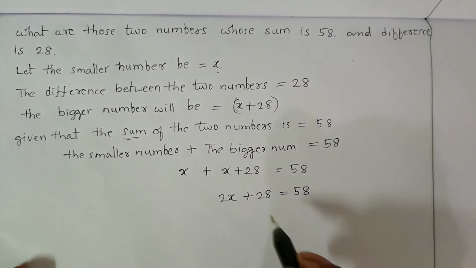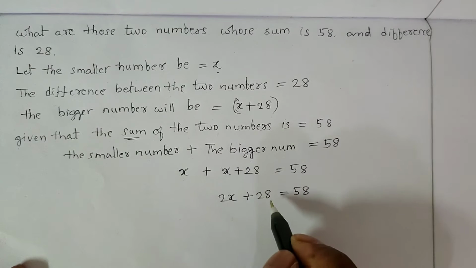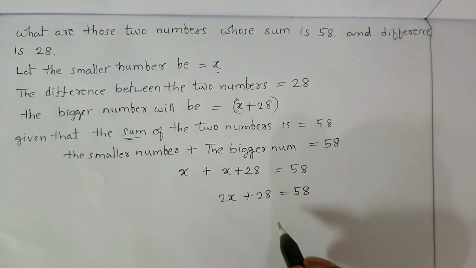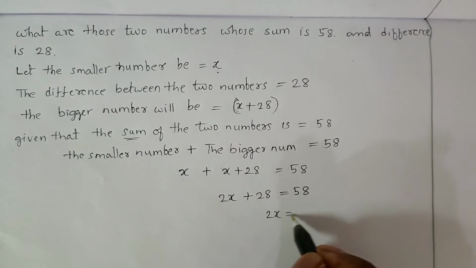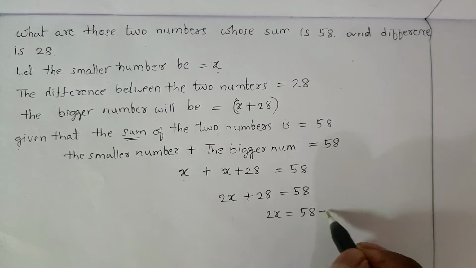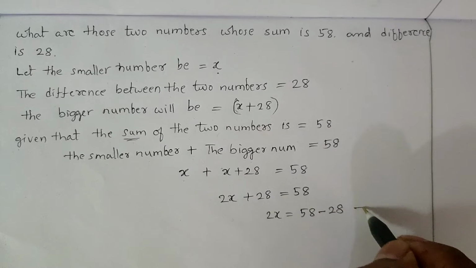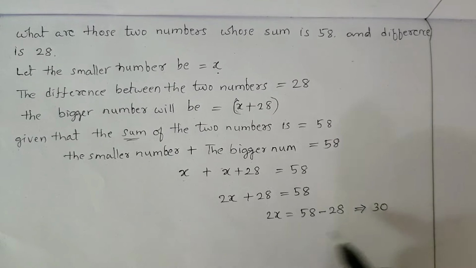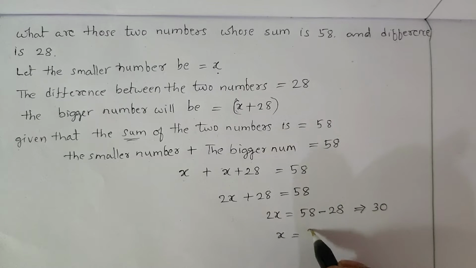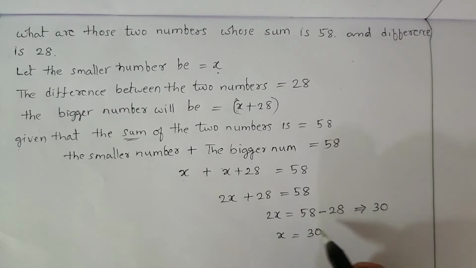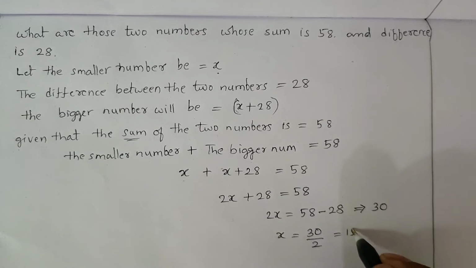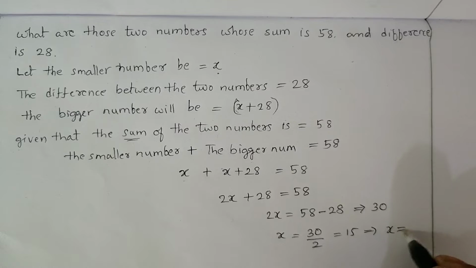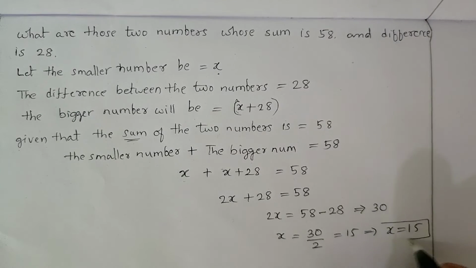So now take this 28 to the right hand side. Then 2x equals 58 minus 28, which will be equal to 30. So x equals 30 by 2. 30 by 2 equals 15. So the x value is equal to 15.